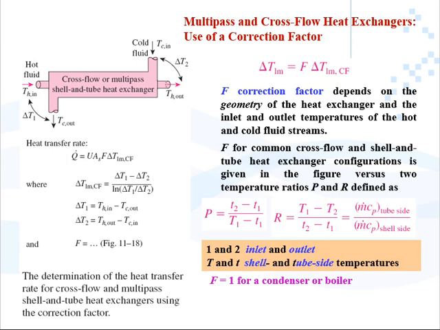Basically, when we have a multi-pass cross flow, we have a correction factor times the log mean temperature difference of one pass cross flow.